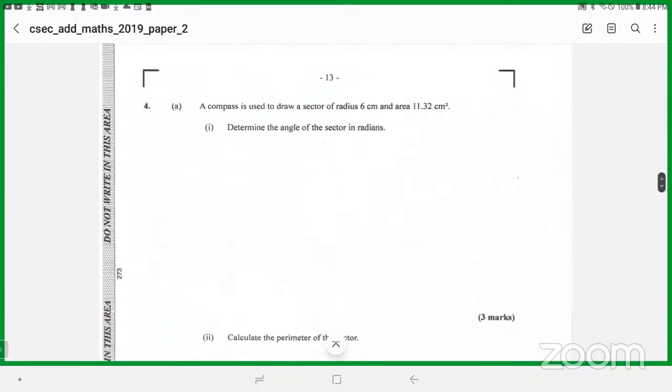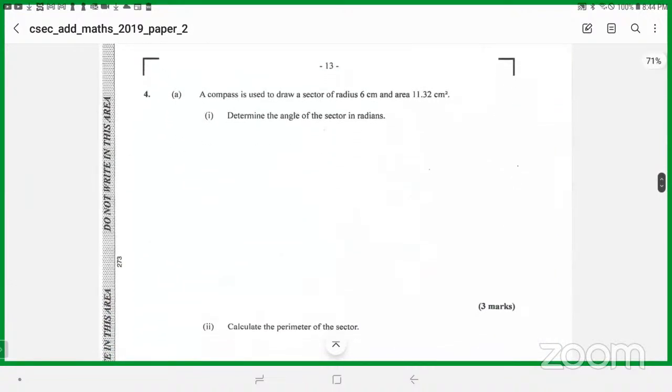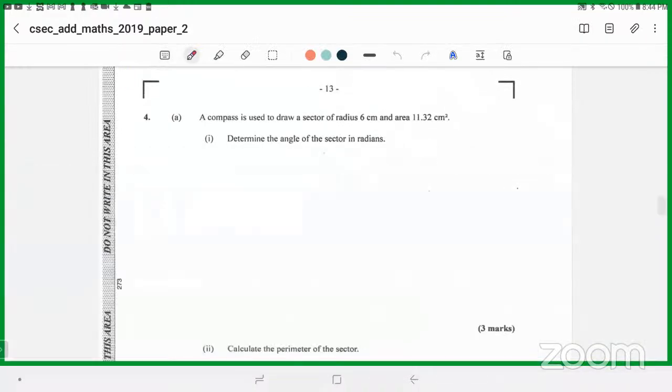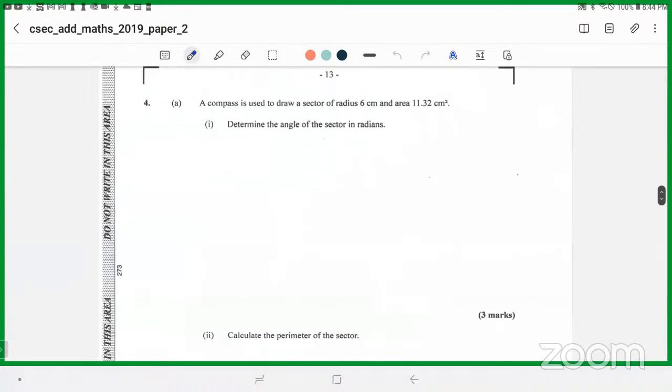This is the question for 2019. The question says a compass is used to draw a sector of radius 6 centimeters and the area of it is 11.32 centimeters squared. Determine the angle of the sector.